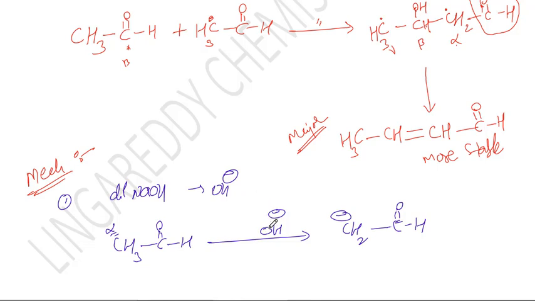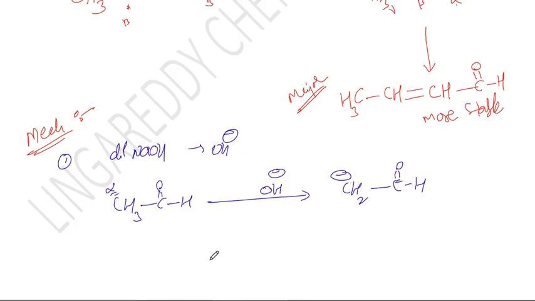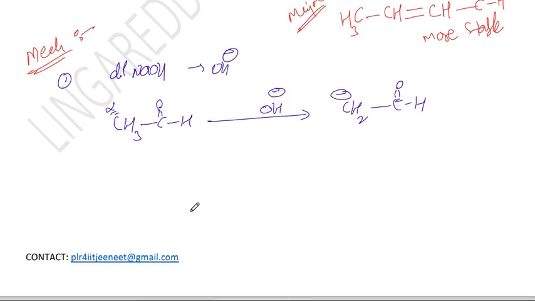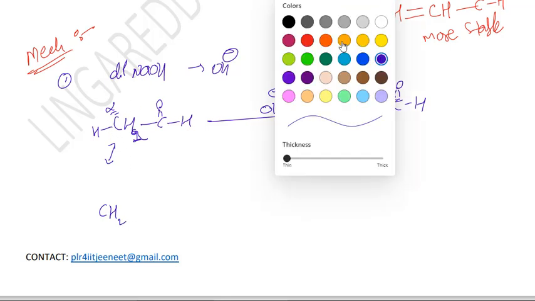Why are these active hydrogens? In the last class I already explained to you, but one more time I will recall it. I am writing hyperconjugation here. So CH2, see in the hyperconjugation what is happening here?